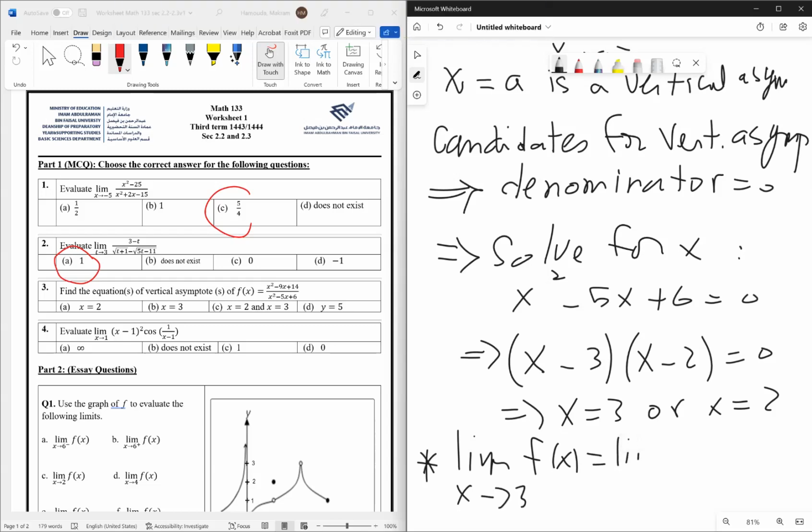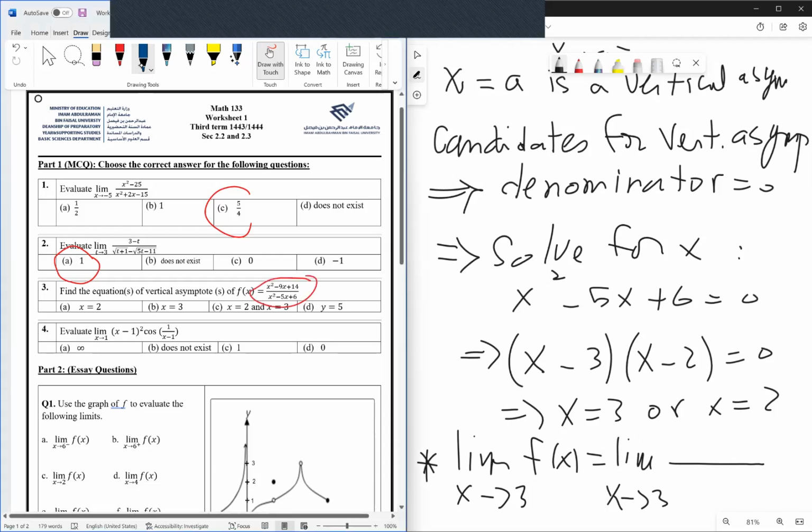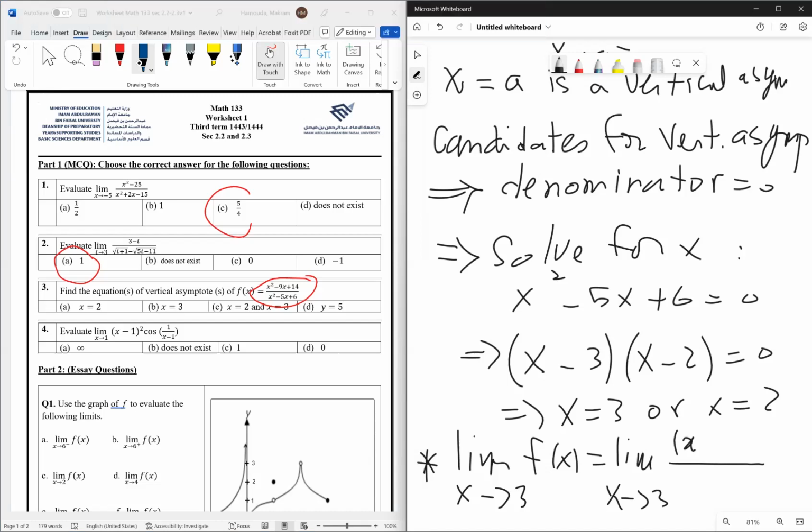Now we have to do the factoring for the numerator and denominator. So in the numerator, since it is here my expression, I will put the factoring, which is x minus 7 times x minus 2. I recall you that each time you do factoring, please verify the factoring.